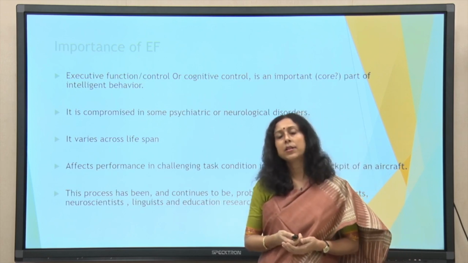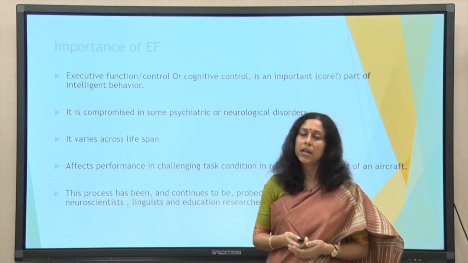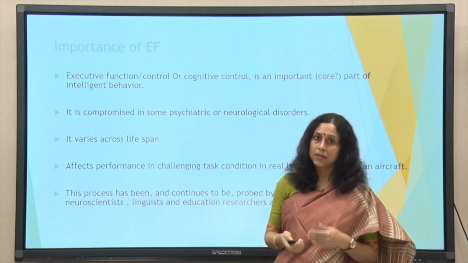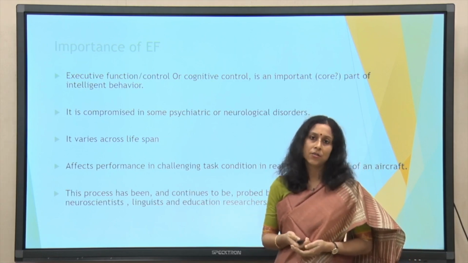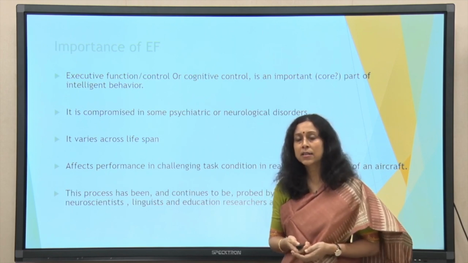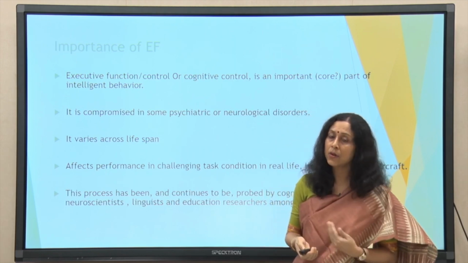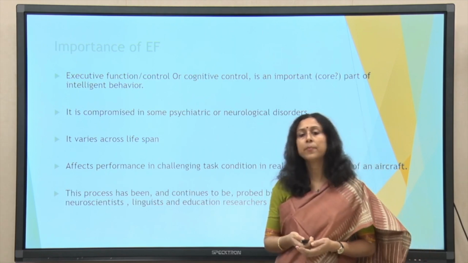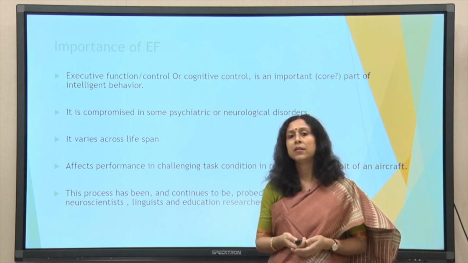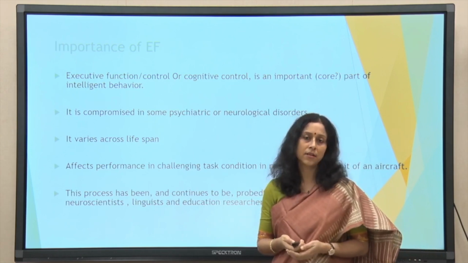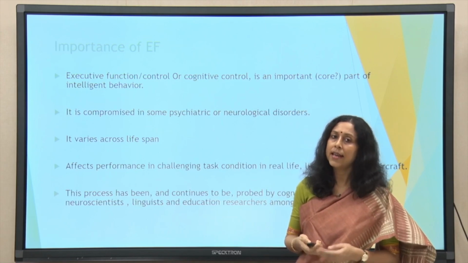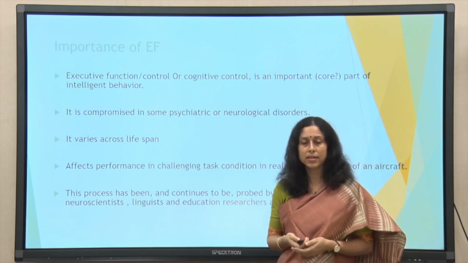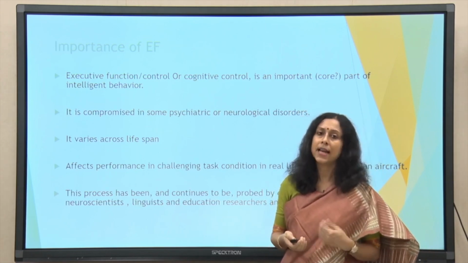It is also important to look at executive function in terms of when EF is compromised in certain patients. Executive function is not only studied in normal people, but also in patients, because in various kinds of psychiatric problems as well as neurological disorders, executive function gets compromised, meaning it gets affected.